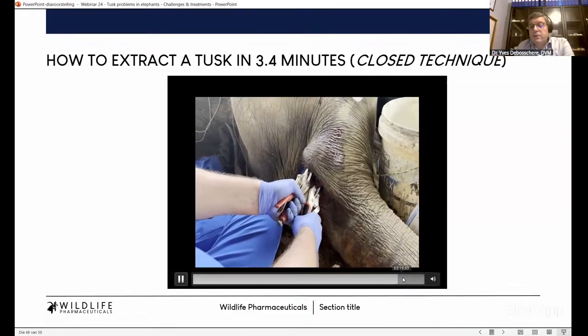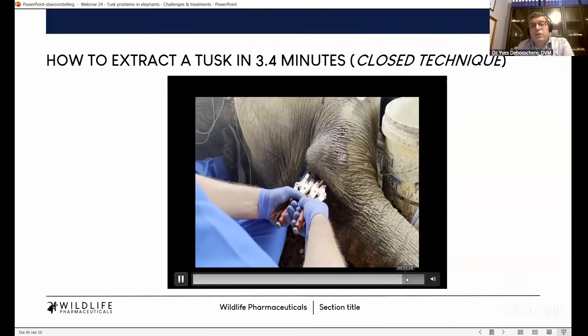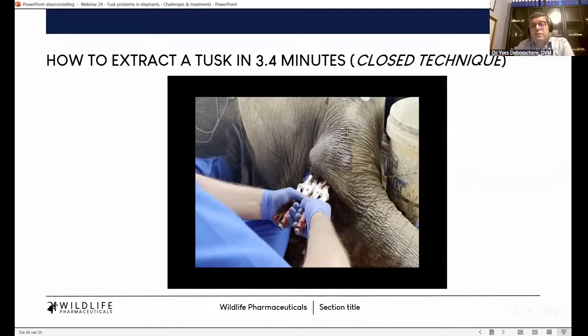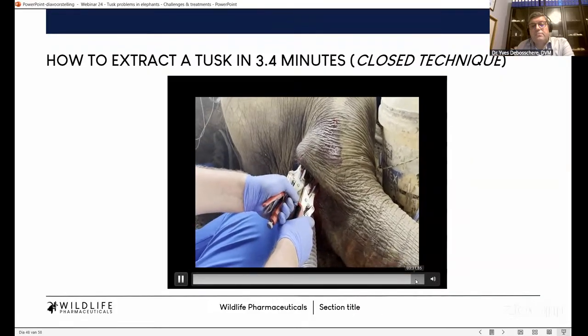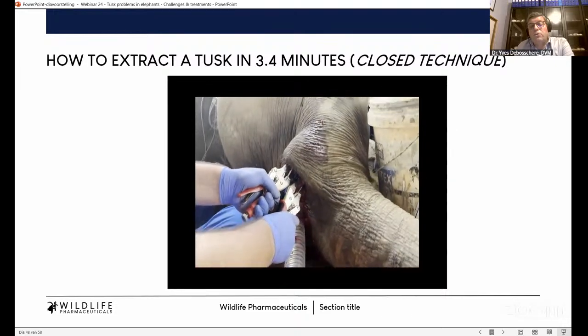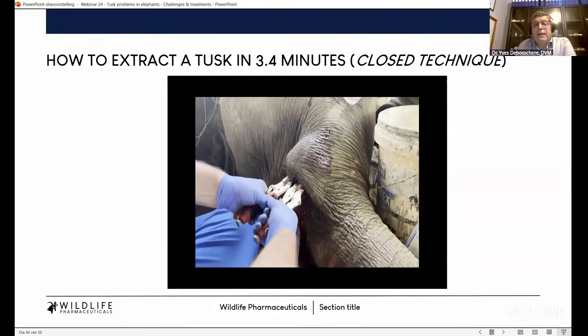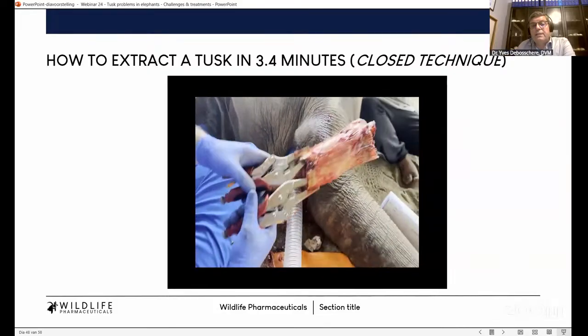I will go a little bit quicker, otherwise we will run out of time. You put pressure on one side, and then on the other side, and you count to 10, or to 30 for an elephant, because it's much more. Little by little, it's coming out. And that's it.